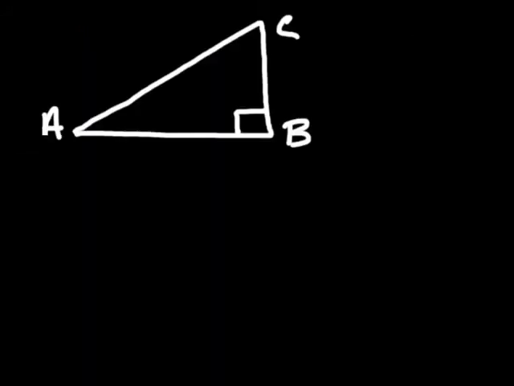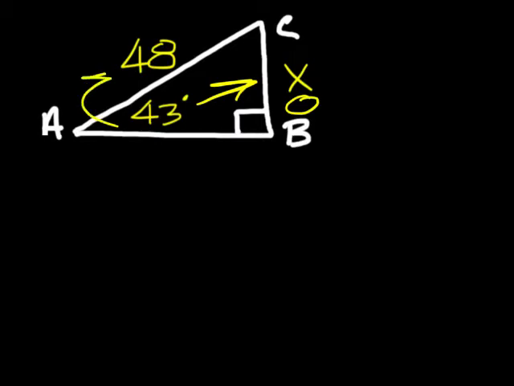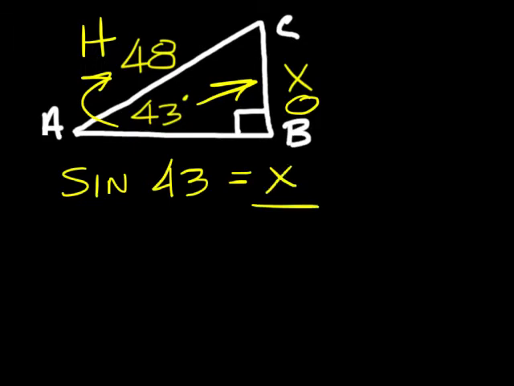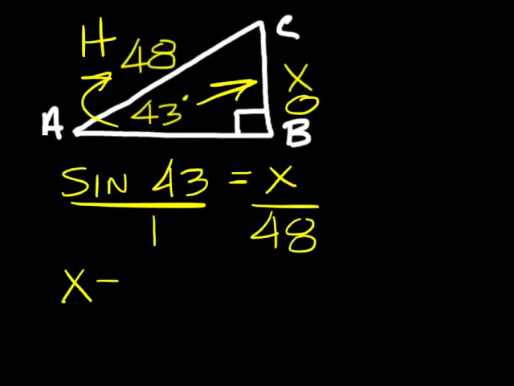Practice problem number 6. In this case, we have 43 degrees, and we don't know this, but we do know this. Find x and round to the tenths place. Solution for the practice problem, this is opposite and this is hypotenuse, so it should be sine 43 equals x over 48.